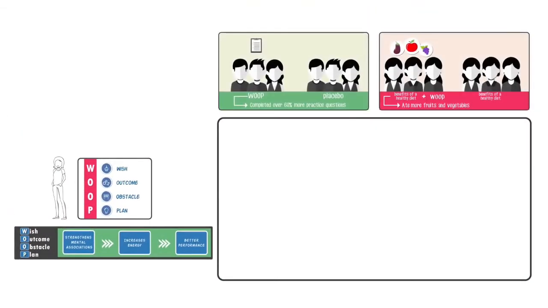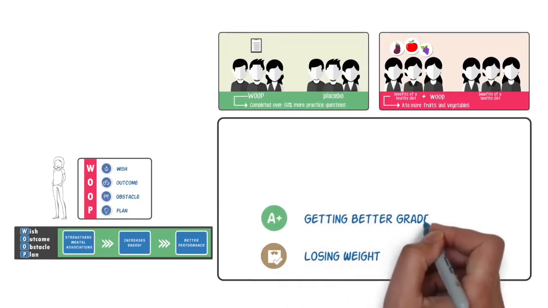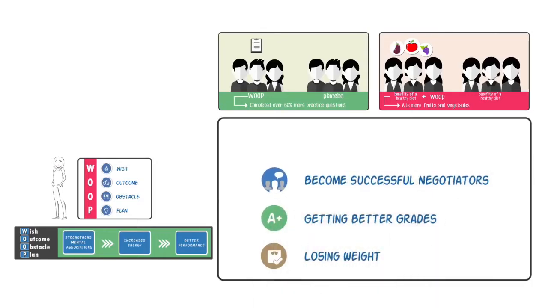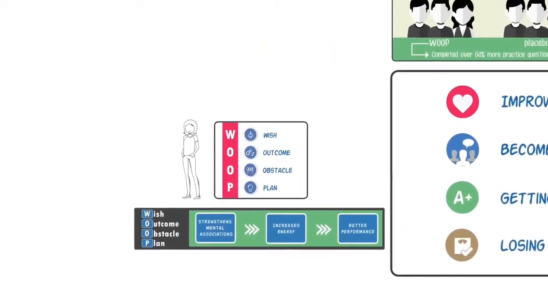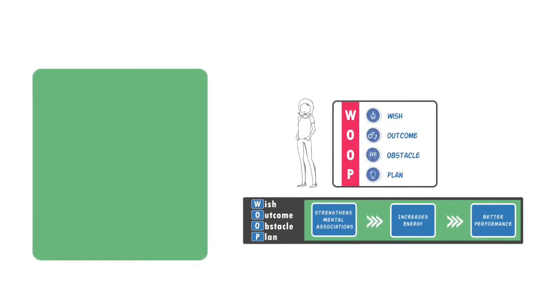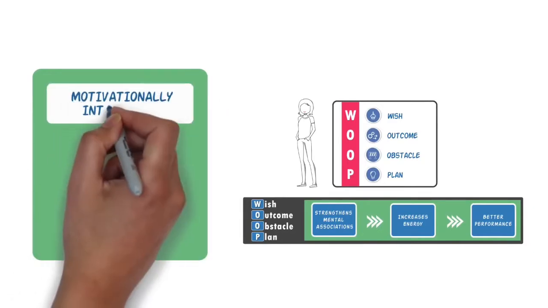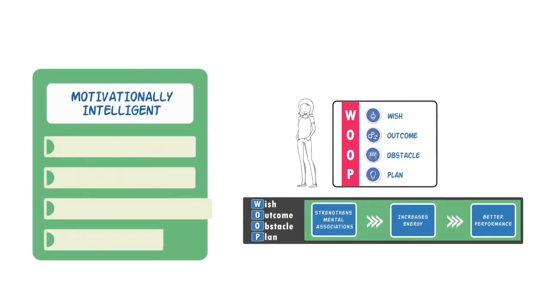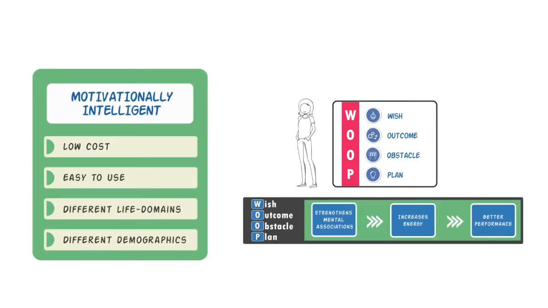Other intervention studies have shown that people who use this method are losing weight, getting better grades, becoming successful negotiators, and improving their relationships. The magic of WHOOP is that by automating cognition, emotion, and behavior, it triggers people to become motivationally intelligent. It is low cost, easy to use, and can be applied to different life domains and across demographics.